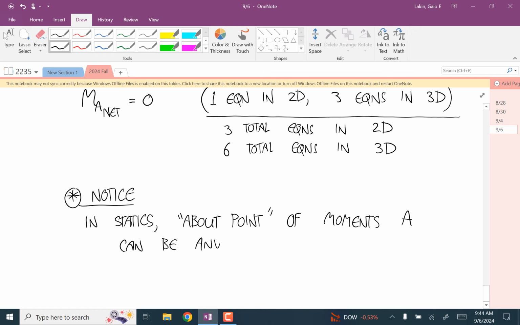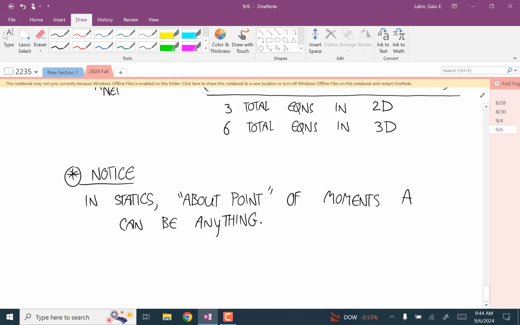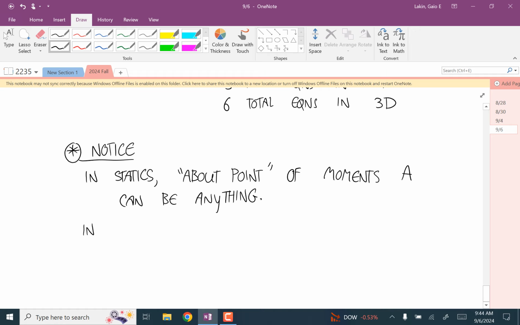You can choose any point you want, on the body, off the body, doesn't matter. In dynamics, the about point can only be 2 things.